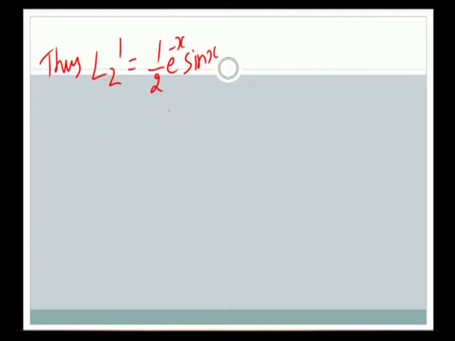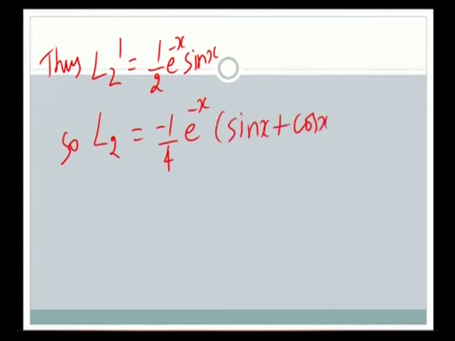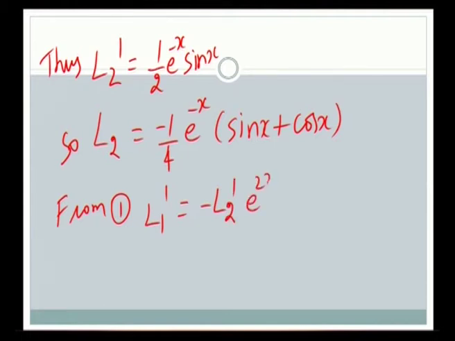Now, integrate this and you will get the value of L2. So, L2 is equal to minus 1 by 4 e power minus x into (sin x plus cos x). This is the value of L2. Now, from 1, L1 prime is equal to minus L2 prime e power 2x, which is equal to minus 1 by 2 e power x sin x.